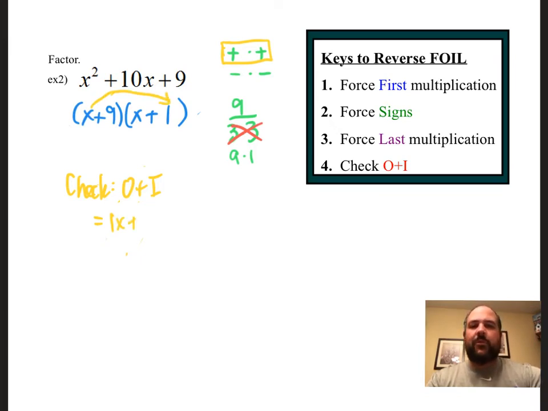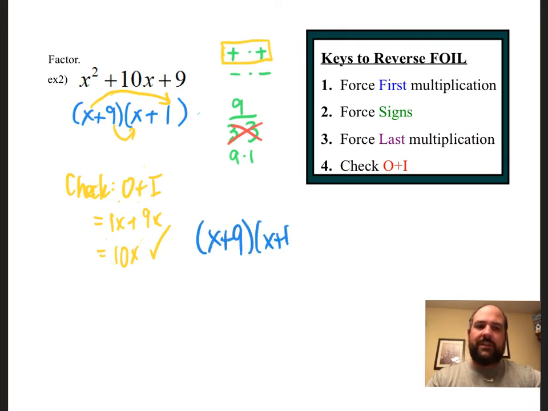My inside multiplication would give me 9x, and 1x plus 9x is 10x, which is what I had there. That's good. That means x plus 9 times x plus 1 is my final answer.